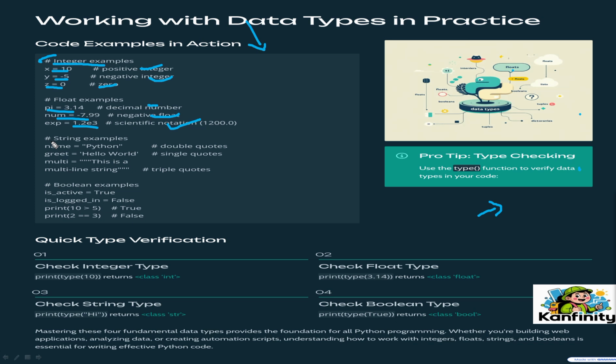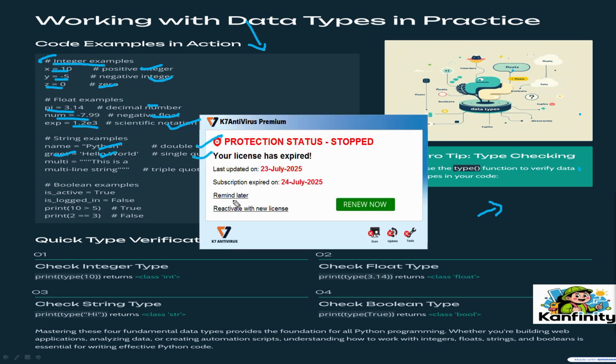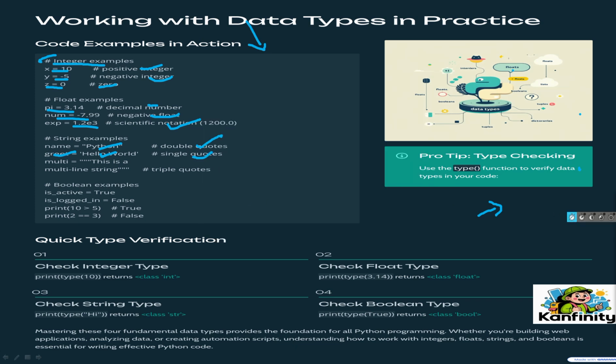Then string data types. Under string data types, in double quotes, name is equal to Python. Then greet, hello world, in single quotes. Then comes the multi-line string, that is triple quotes. And the last one is boolean. The boolean we use for whether statements are true or false.